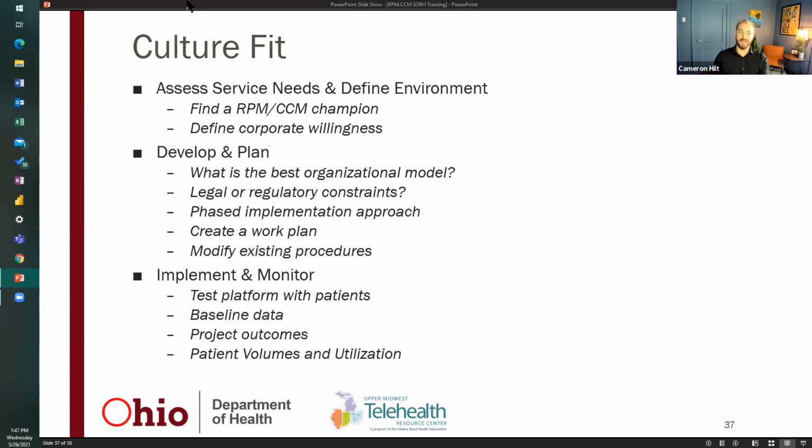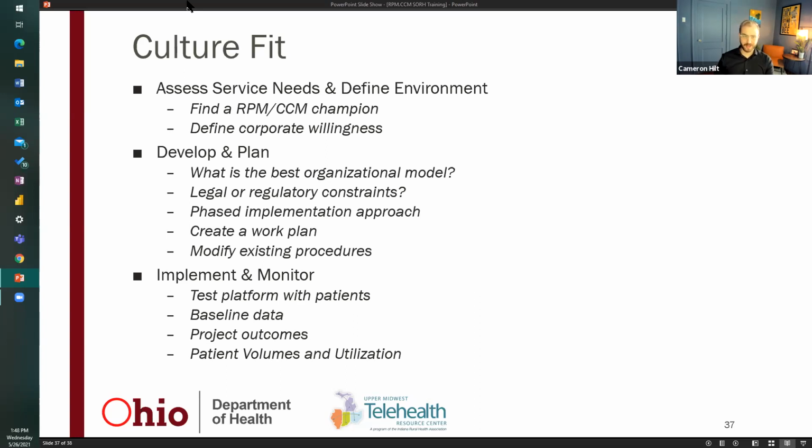So a person that is passionate, driving these things forward, ensuring that ultimately it doesn't get lost in the shuffle, but ultimately that it's being moved forward. And also defining how willing is your organization to offering these two services. So does it fit well with some of the priority problems that you've identified?